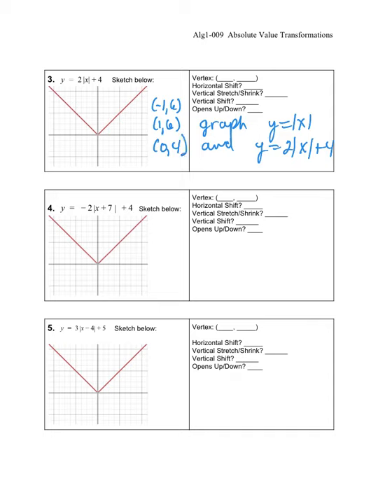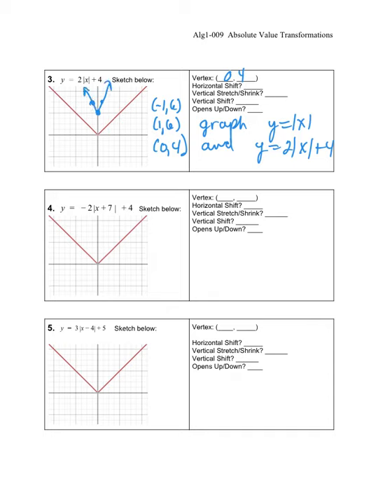Okay, so (0, 4): 1, 2, 3, 4. It's my vertex. I'm going to put it over here. Then (1, 6): 1, 2, 3, 4, 5, 6. And sorry, (-1, 6) and (1, 6). Then I'm going to draw.